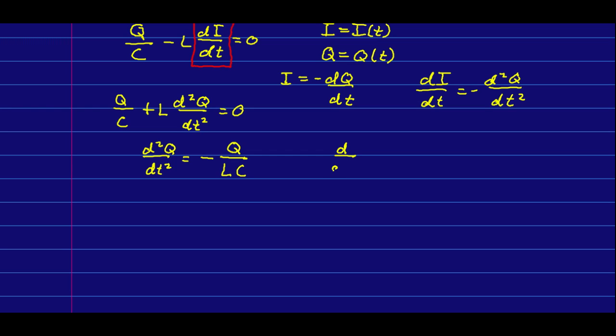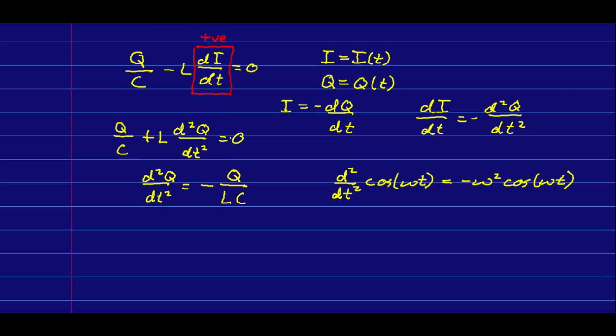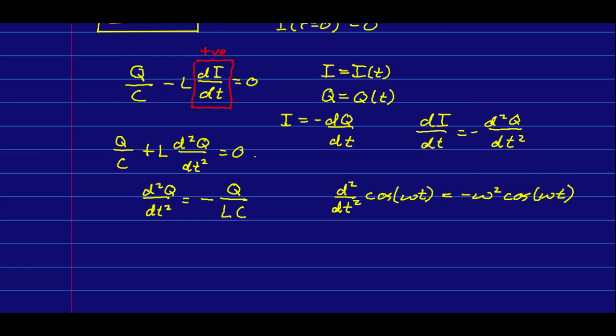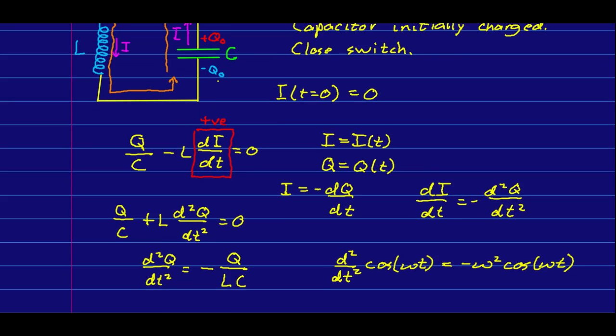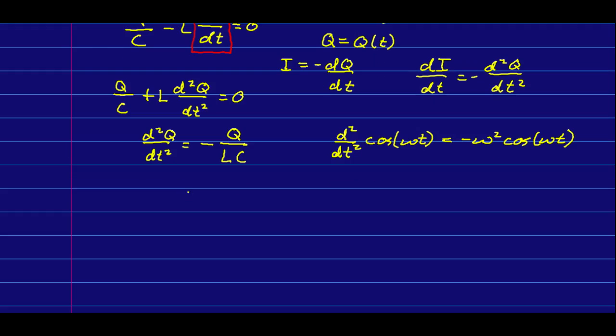For example, the second derivative of a cosine does exactly that. And so q must be a sinusoidal function, and cosine will fit the bill because we know that it started off non-zero.